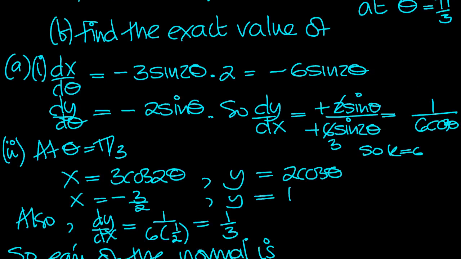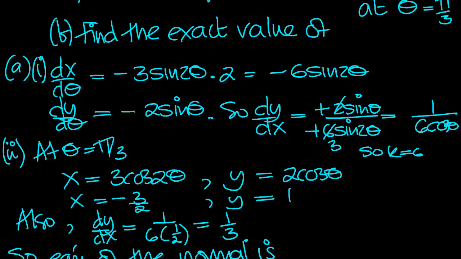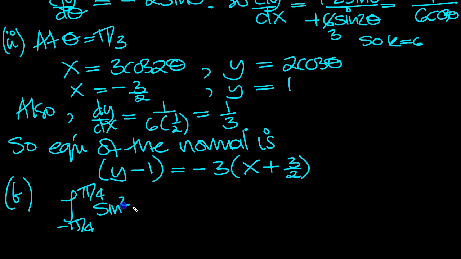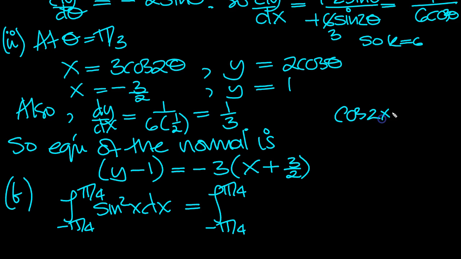Find the exact value of the integral in question. I've remembered the integral, I haven't written it down, but I'll put it down here. It's the integral between minus pi over 4 and pi over 4 of sine squared x dx. We can use a double angle formula. Now if you remember, cosine 2x is equal to 1 minus 2 sine squared x.